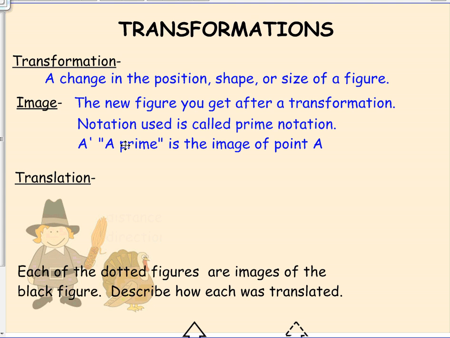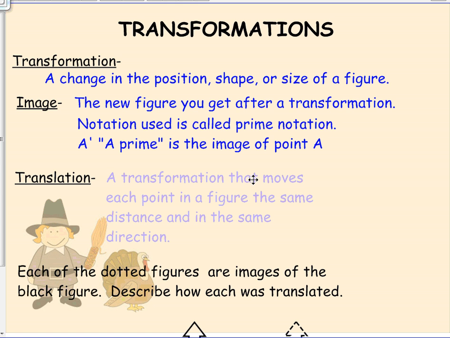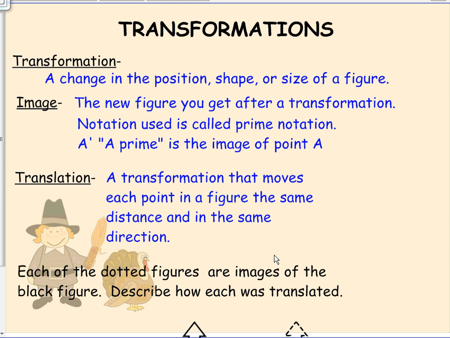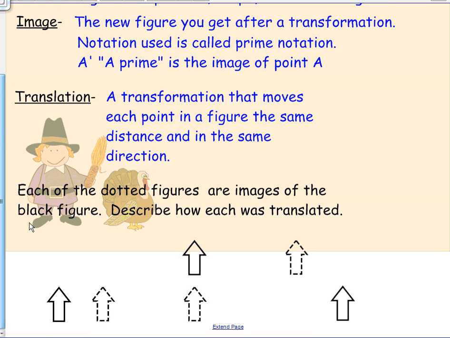And the last vocabulary word we're going to be talking about today is a translation. A translation is a transformation that moves each point in a figure the same distance in the same direction. All right, so basically what you can do is each of the dotted figures are images of the solid figure.